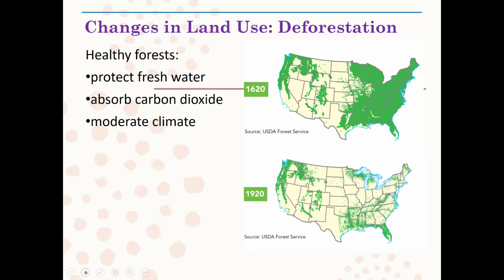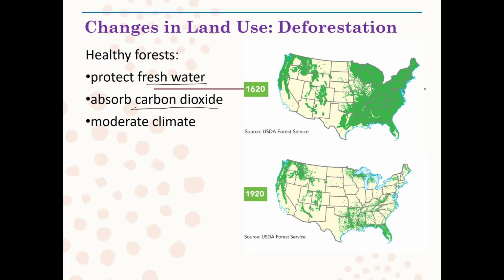Now, deforestation is another threat to biodiversity. Just like it sounds, deforestation is the loss of forest, okay? Us cutting down those forests for our uses. Now, healthy forests have a lot of benefits to us. It helps protect fresh water. The forests are able to absorb excessive carbon dioxide because, as we learned, plants and trees take in carbon dioxide for photosynthesis.